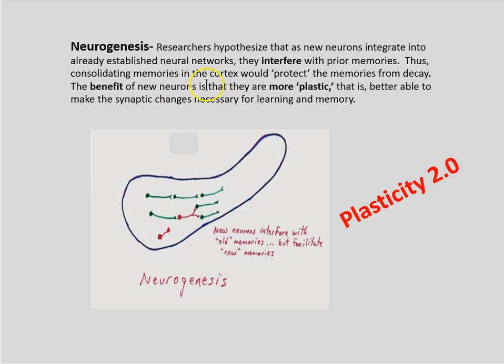The benefit of new neurons is that they are more plastic, that is, better able to make synaptic changes necessary for learning and memory. So if we think that memory traces are the result of neurons being allocated and then strengthening connections between those allocated neurons, if you have new neurons inserting themselves into the synaptic pathways at sort of random positions, you're going to be disrupting the prior memory traces.